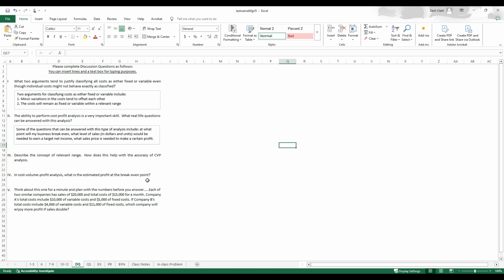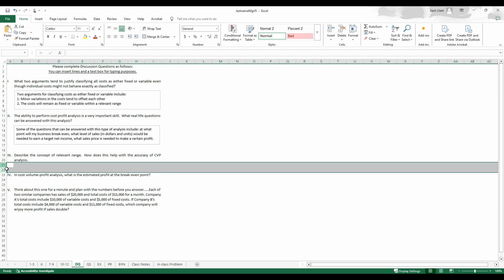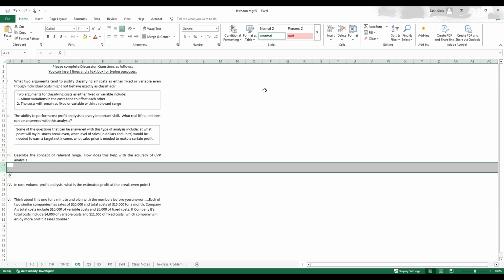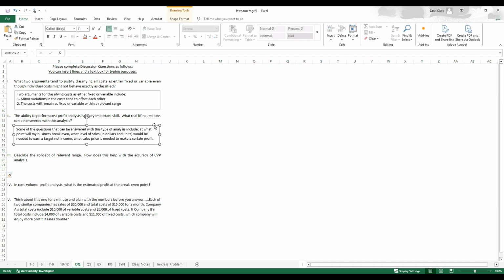But we do need to then take into account supply or demand at different price levels and things like that. But if we know, this analysis would tell us, if we were to raise sales price, what that would do to our break even or our profit, etc. So yeah, lots of really good questions that can be answered from this type of analysis.